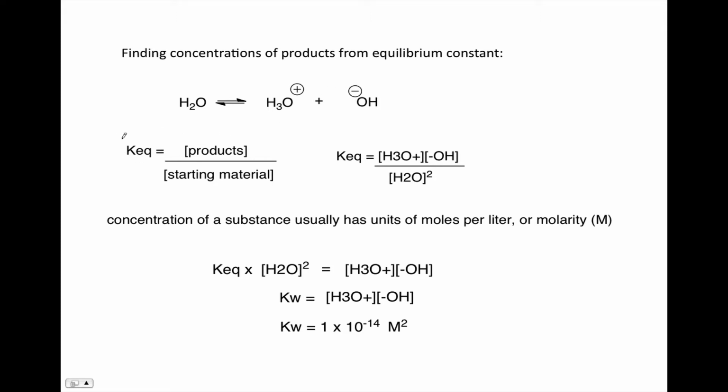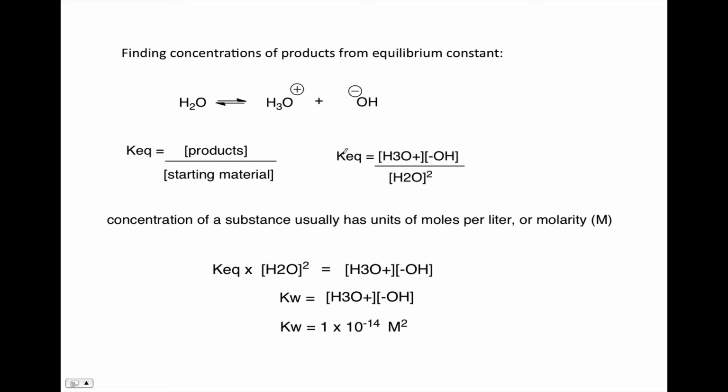The equilibrium constant can be found by taking the concentration of the products. All this bracket means is concentration, and I'll explain that in a minute. In this case, H3O+ and OH- are our products, and the starting material is water, because the starting material is always on the left. Yes, it's going back and forth, but for purposes of equilibrium, it's usually written where the ions are on the right and the neutral water is on the left.